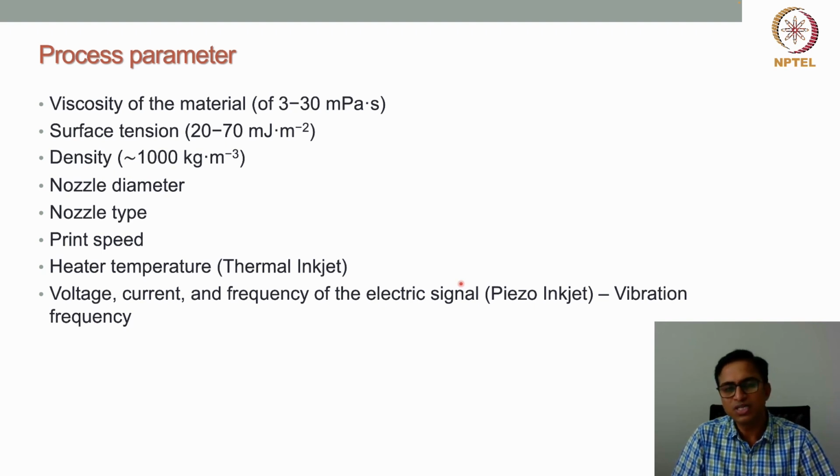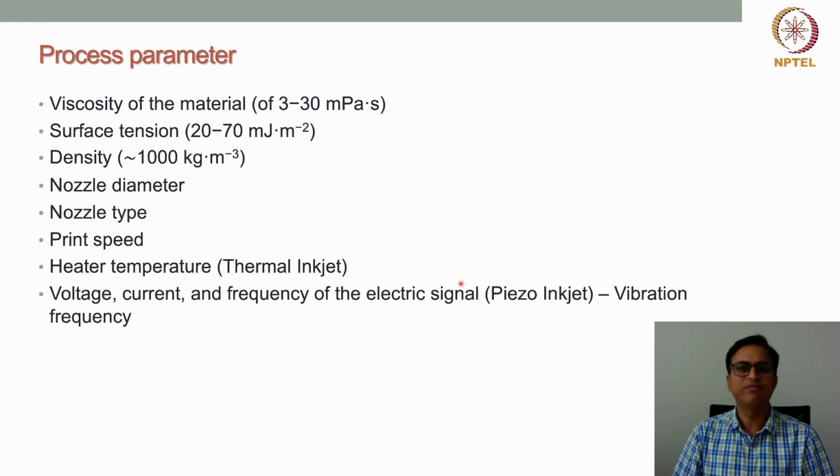As we have already discussed, in case of inkjet 3D printing, the viscosity of the material cannot be very high. So we use some low viscous material, in the range of 3 to 30 millipascal second. So viscosity of the material should be in that range.